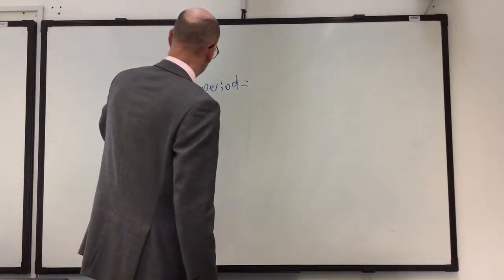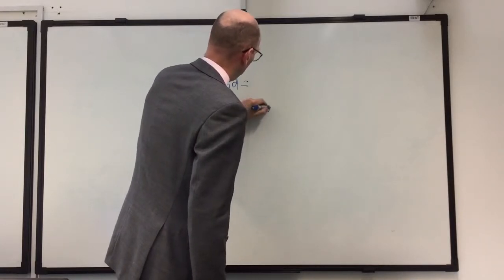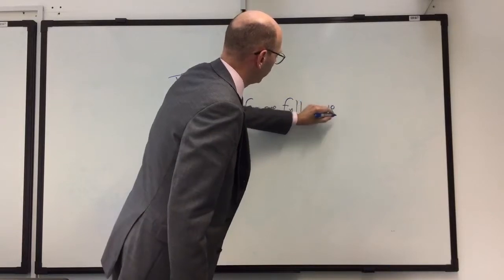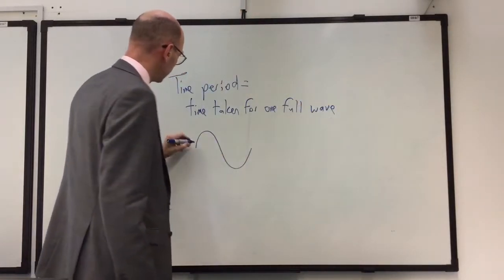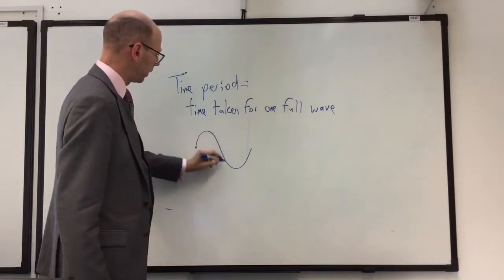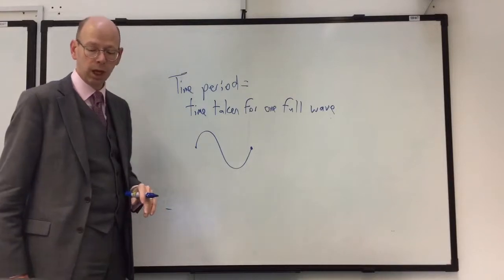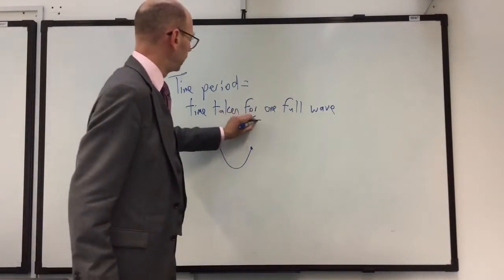The time taken for one full wave. If I was drawing a wave, we would indicate it, for example, like that, an oscillation which goes up, then down, and returns to its starting point there. That would be a full wave. And the time period is the time it takes, which would normally be measured in seconds.